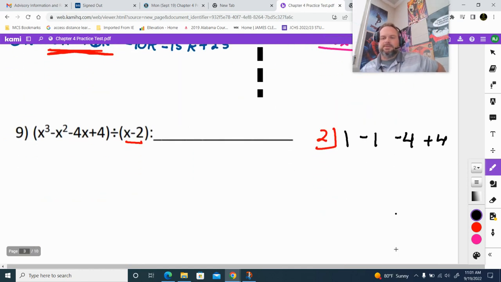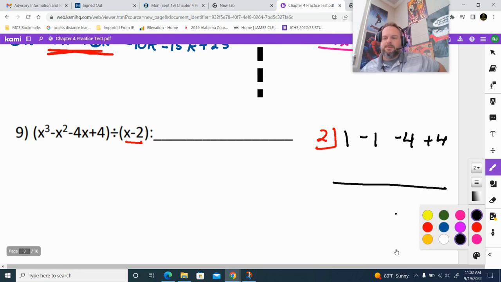All right. So remember, we drop this one down. 2 times 1 is 2. Negative 1 plus 2 is 1. 1 times 2 is 2.